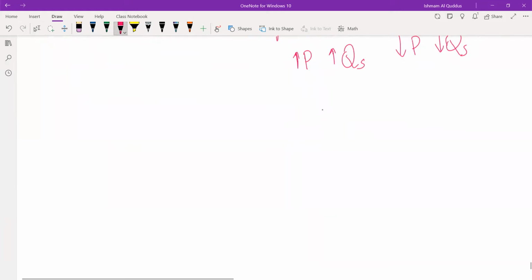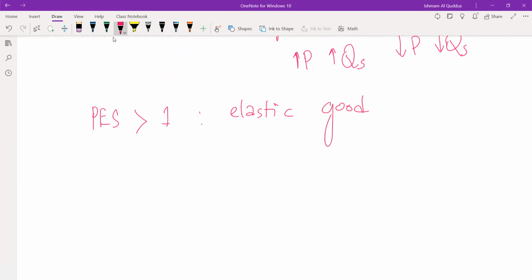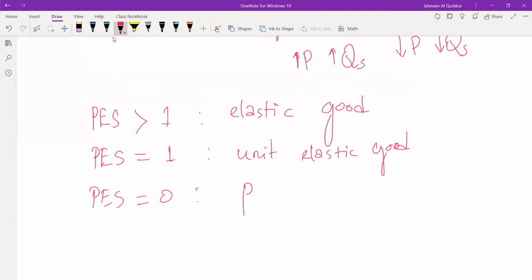Now, for different values of PES, let's say PES is greater than 1. This represents an elastic good. If PES equals 1, this represents a unit elastic good. And if PES equals 0, this means a perfectly inelastic good.